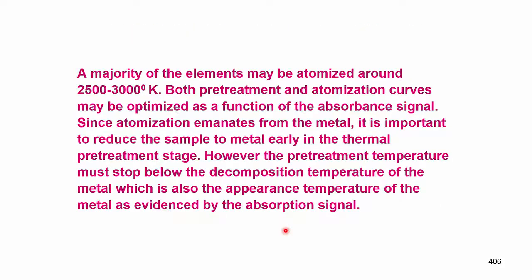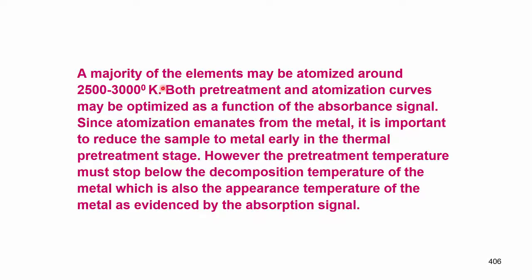Okay. So, a majority of the elements of the periodic table may be atomized around 2500 to 3000 degree Kelvin. When you are talking about 2500, 3000 degrees Kelvin or centigrade does not matter, but this is the normal practice.